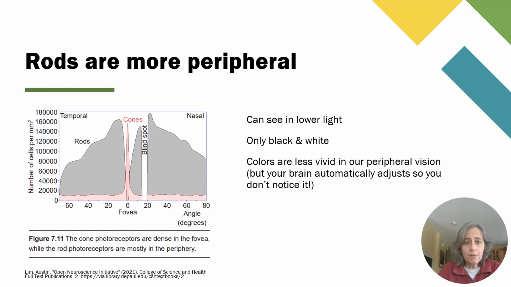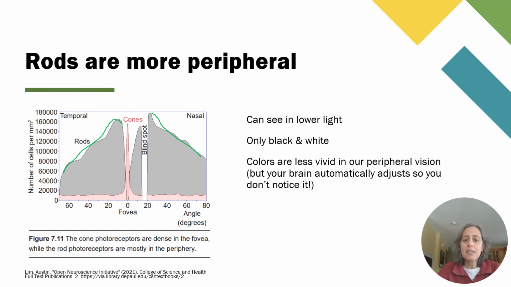In the rest of the retina, we have far more rods than we have cones, right? So the gray here, these are the rods. Obviously, as we get out toward the periphery, we don't have as many photoreceptors, right? That's just peripheral vision. It's not as important. But look at all of the rods that we have and how much they outnumber the cones.